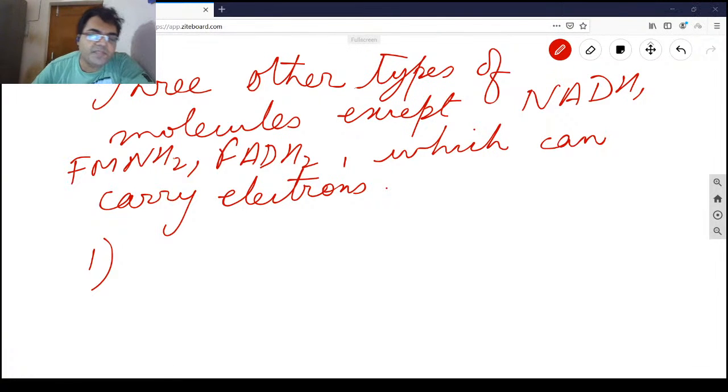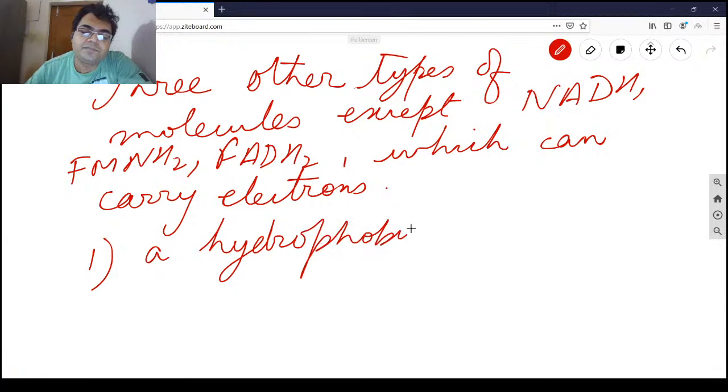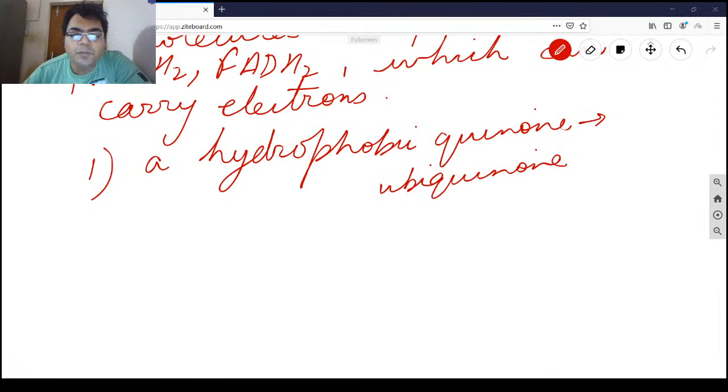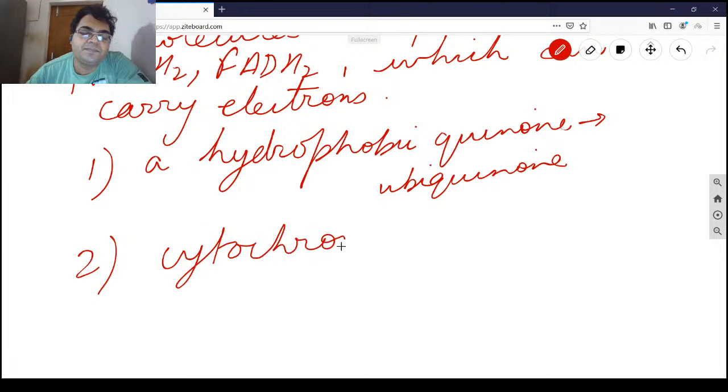Number one is a hydrophobic quinone known as ubiquinone. I'll show you the structure also later on. Number two are iron containing proteins. There are two different kinds of iron containing proteins. Number one are known as cytochromes, iron containing proteins.